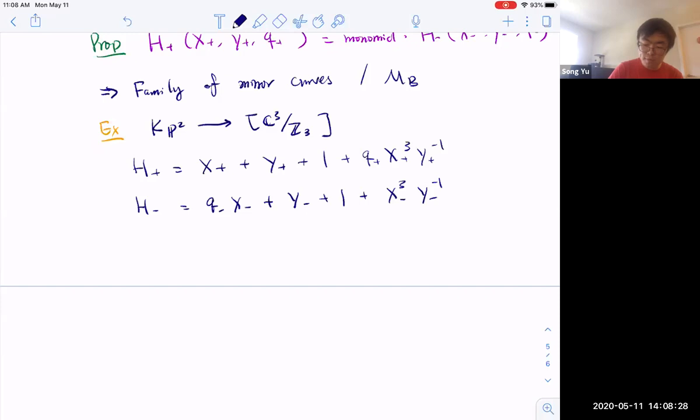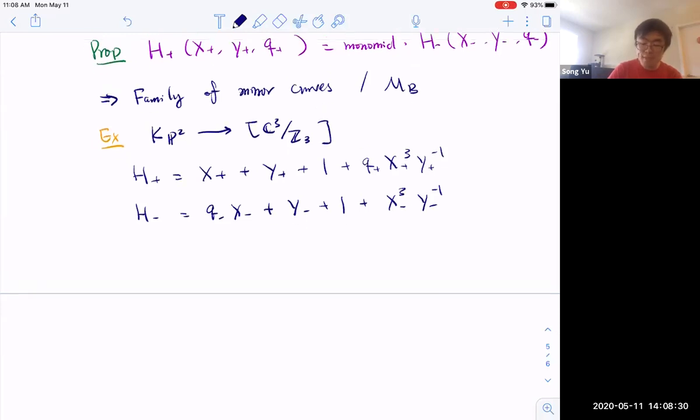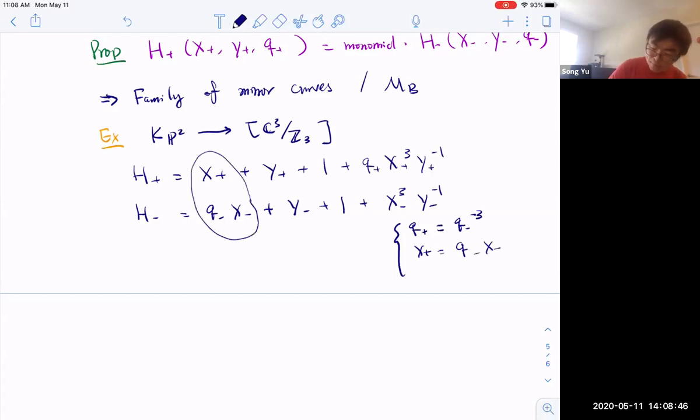The proposition is just saying that you can match these two equations term by term after doing the change of parameters: q plus is equal to q minus to the negative 3, and x plus is q minus times x minus. So you at least need to match up these two terms. And also y plus is y minus.